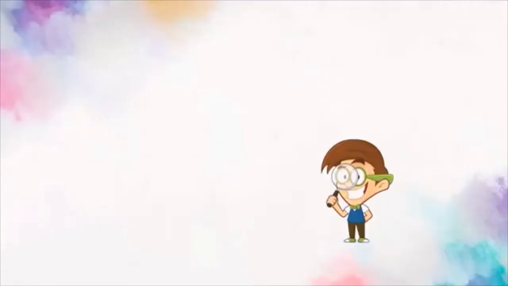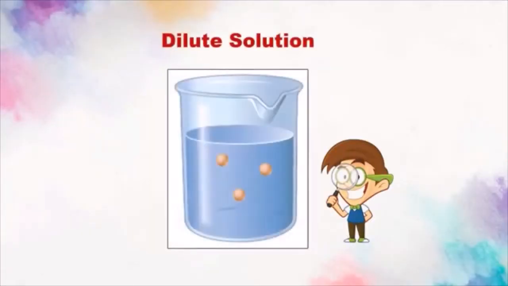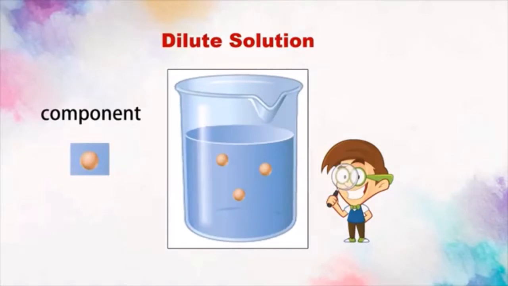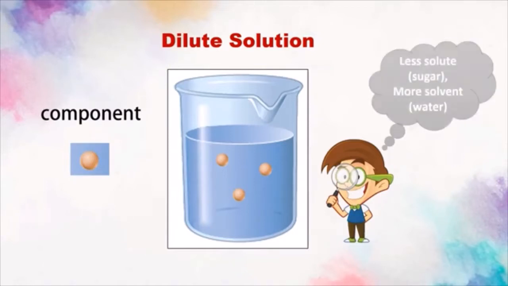Let us look closely at the particles of dilute solution. The components, which are represented by the orange circle, are the particles of solute or sugar that are dissolved in water. There is a small amount of solute or sugar in comparison to the amount of solvent or water. In short, it has less solute or sugar and more solvent or water.